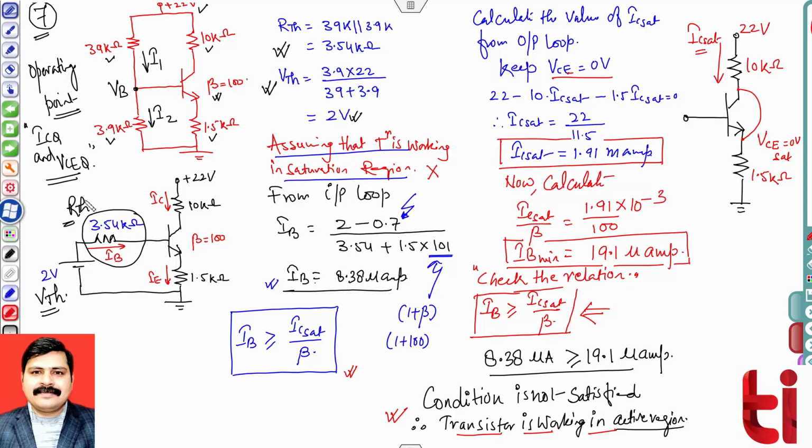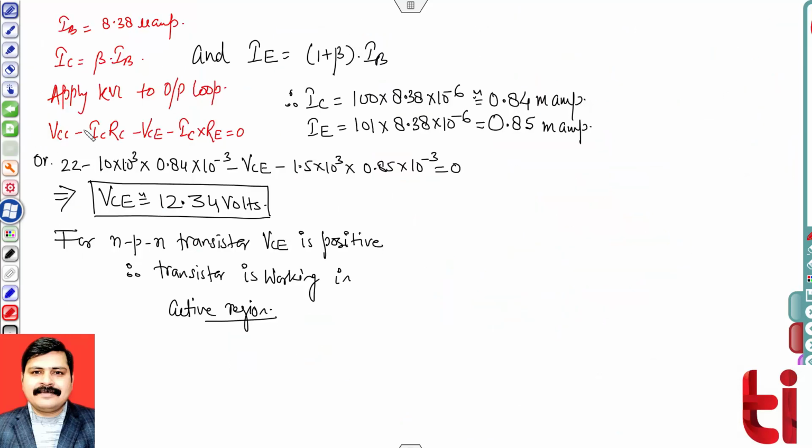So let's do the analysis. If it is working in active region, we have solved IB equals 8.38 microampere from the input loop, and from that I can calculate the value of IC and IE. IC will be beta times IB and IE is 1 plus beta times IB.